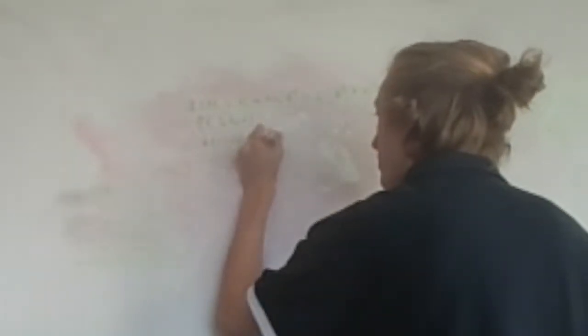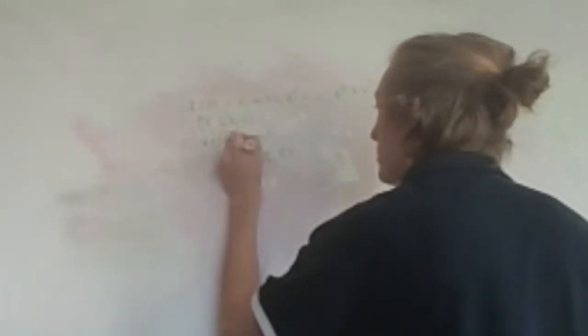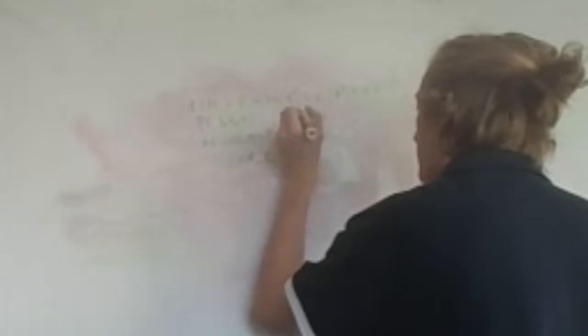Given that we have a point, we're going to need to find the parametric equation. So let's make x, y, and z, and then we have t.